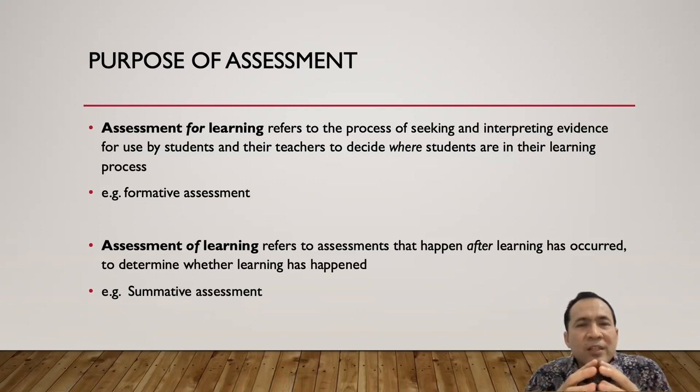Assessment of learning is, in the end, you have to make sure whether you can achieve the goal of learning or not, of course. So the first one is called progress assessment, or formative assessment, or assessment for learning. The second one is assessment of learning, or final assessment, or summative assessment. You get it? Okay, good.